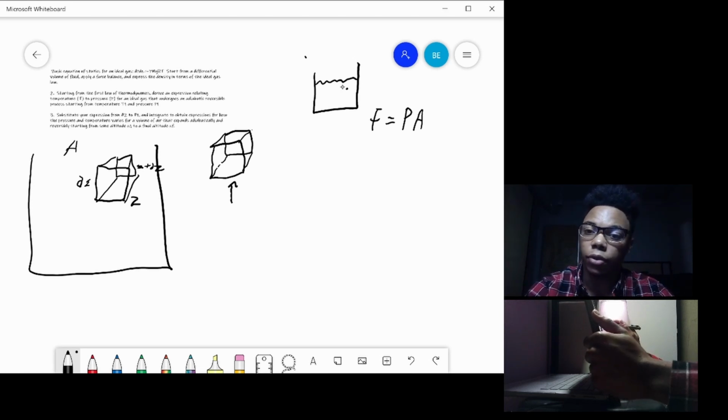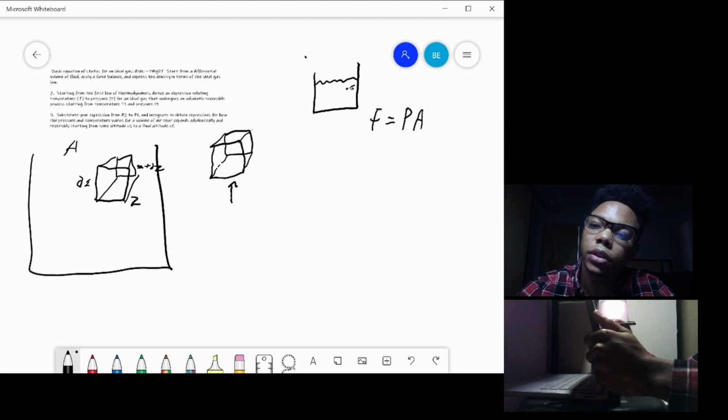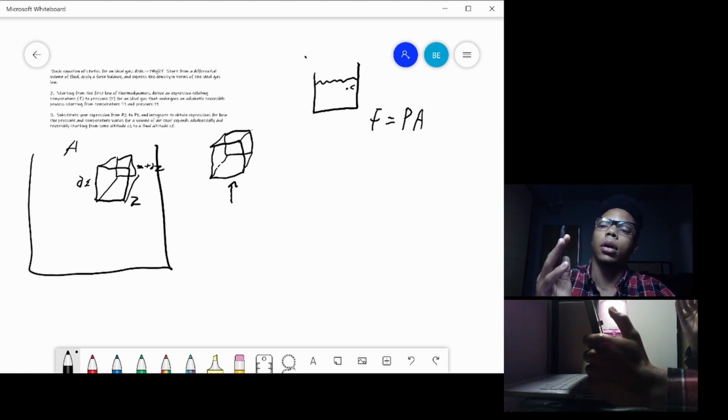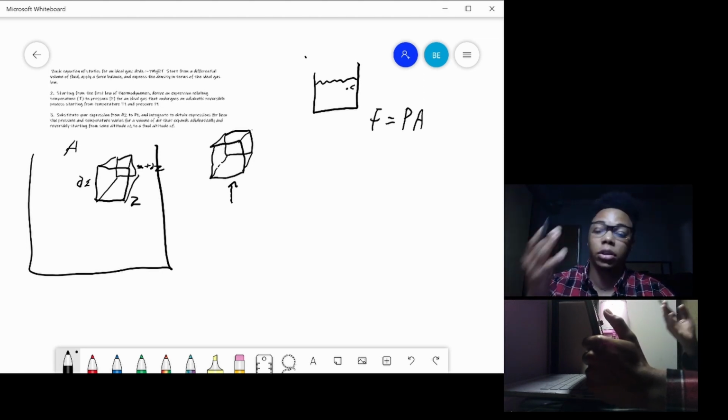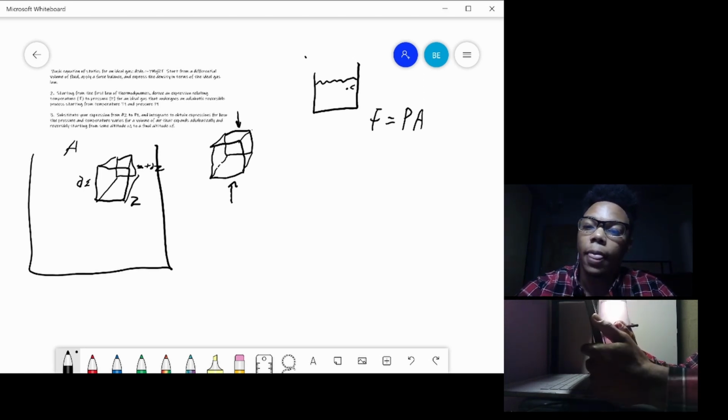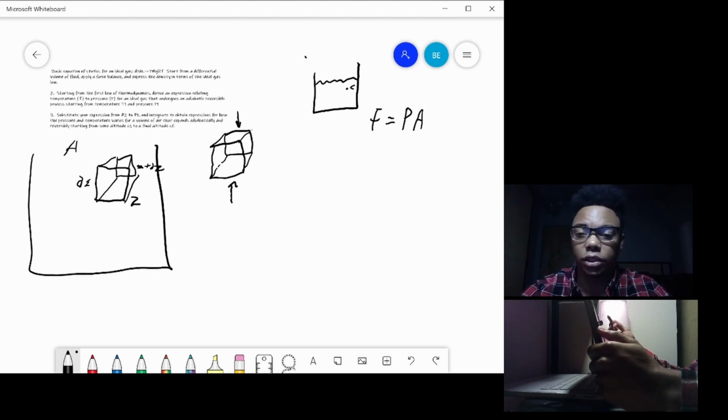So at this point right here, let's call it point C. All right, at point C, we're going to have a force pushing up with a force of pressure times our cross-sectional area, and a force pushing down from the fluid above it, which is the pressure times the cross-sectional area.